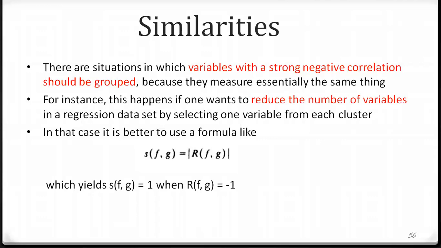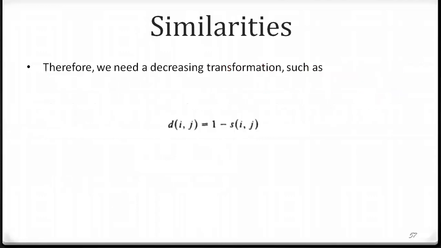In that case you can use the formula similarity is equal to mod of correlation of f comma g. You also have a relationship between dissimilarities and similarities: dissimilarity between i comma j is equal to 1 minus similarity of i comma j. That's how you compute this.